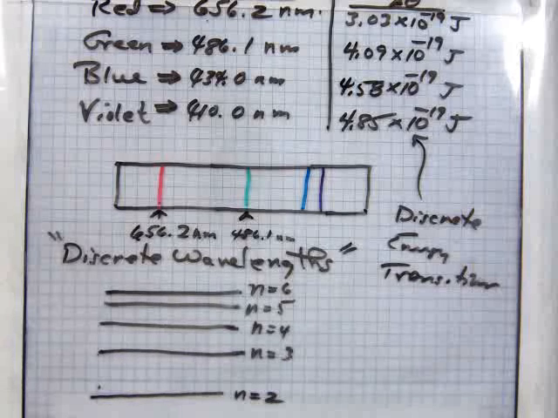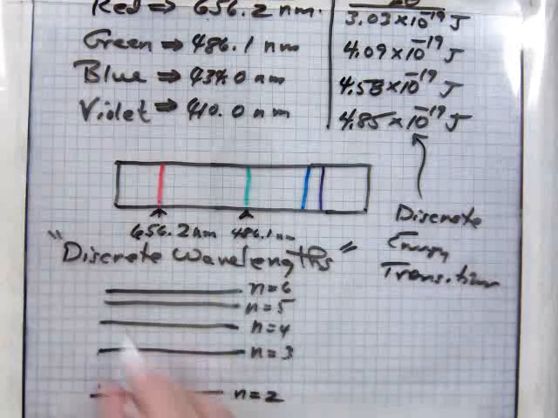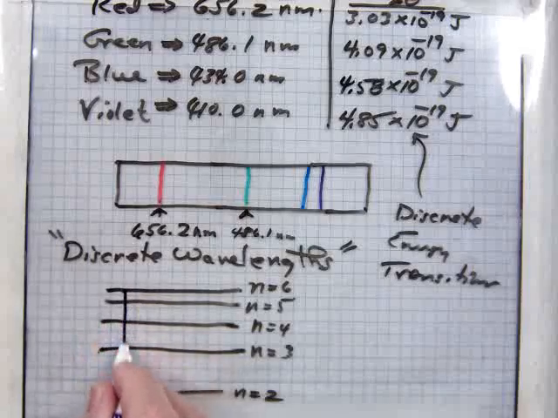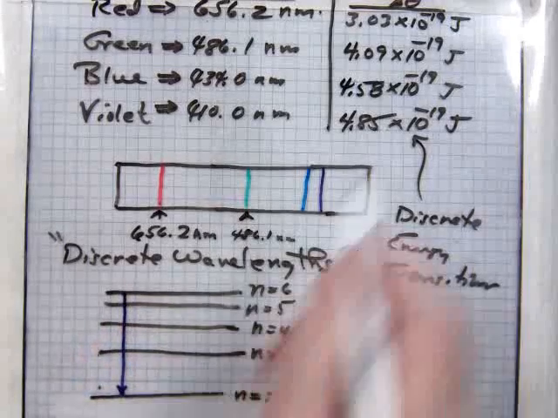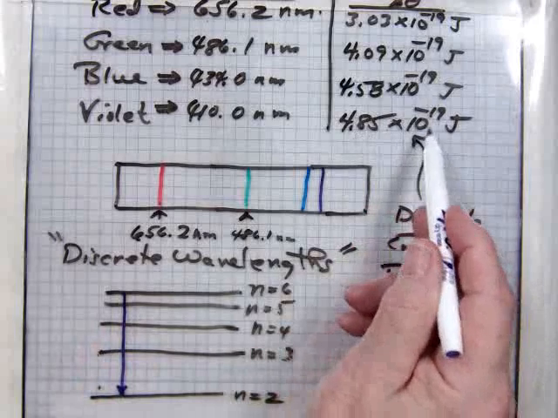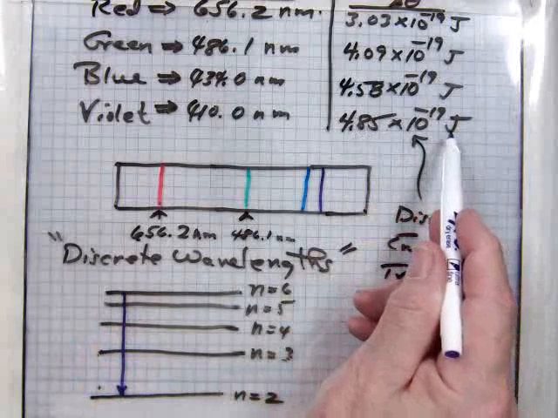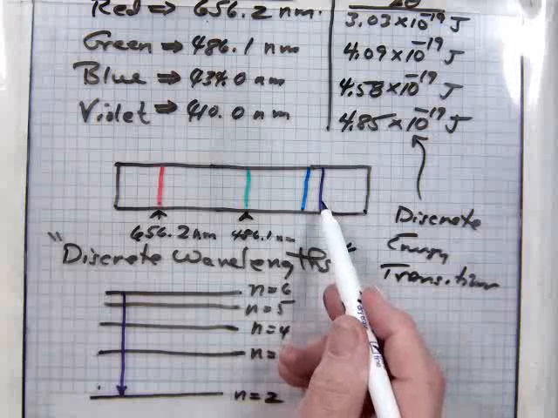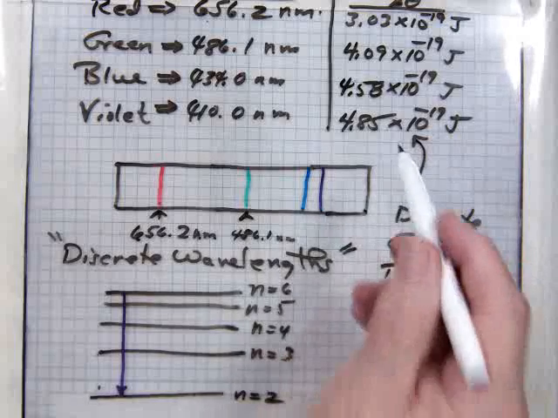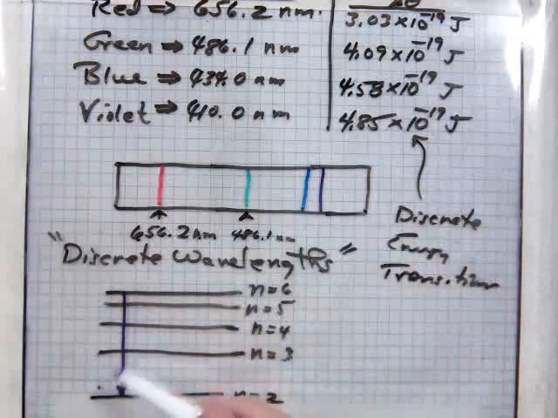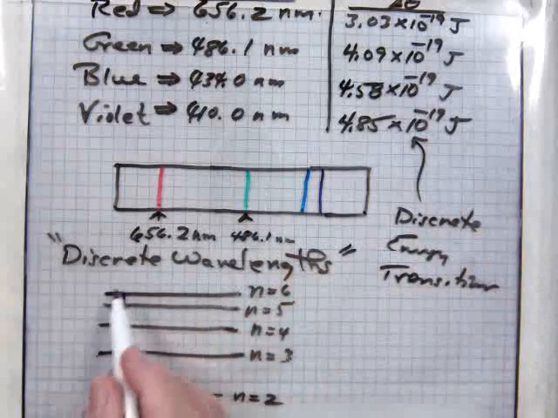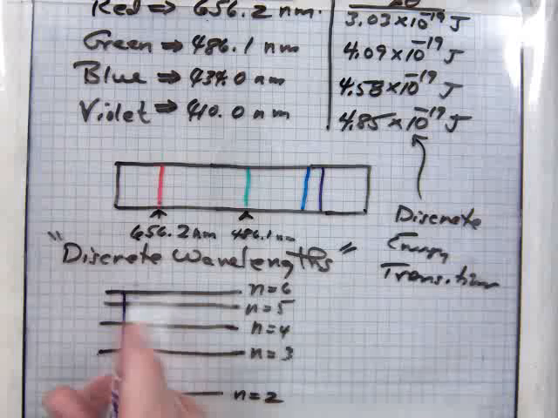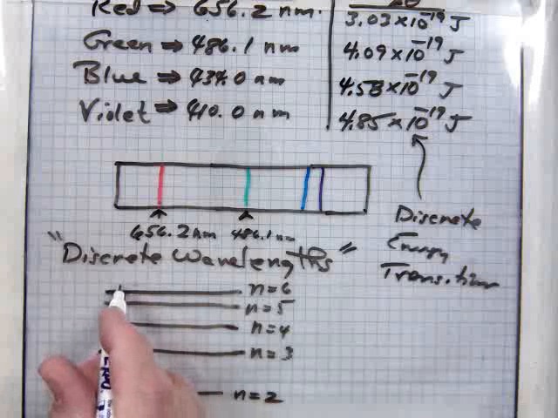So a transition from 6 down to 2 gives off 4.85 times 10 to the minus 19 joules of energy. Well, that's seen as that purple line and is a very discrete thin line. It can't fall above this point or start above it or start below it.